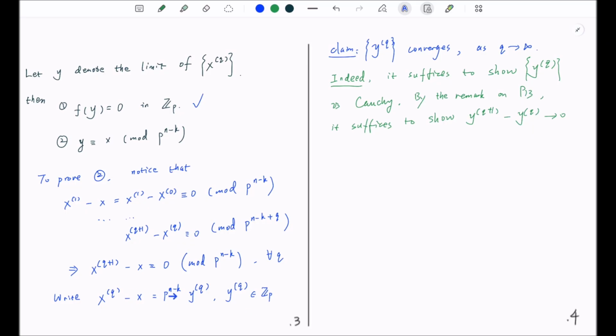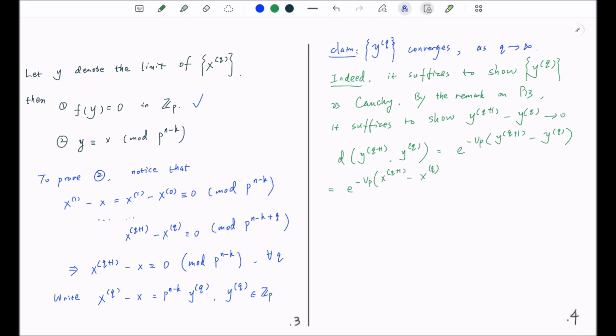So we can divide both sides by p to the power n minus k. As a consequence, if you look at the p-adic distance between y q plus 1 and y q, this is e to the negative v p of y q plus 1 minus y q. And we plug in this equation to here.